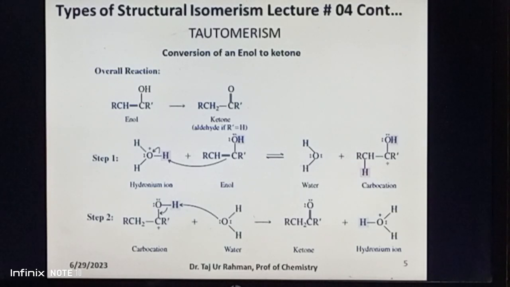Sometimes students confuse the concept of resonance with tautomerism. So to clearly distinguish between these two concepts, that is resonance and tautomerism, one should note that three facts may be observed. The first fact is that tautomerism is an equilibrium between two isomers which differ from each other in the location of a double bond and a hydrogen atom, and hence are different chemical species.